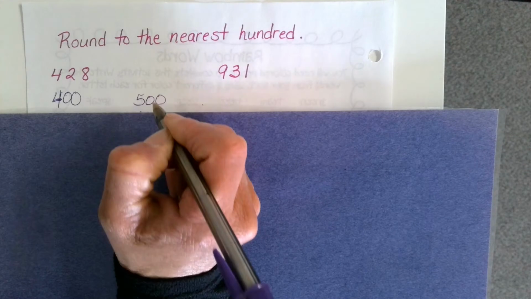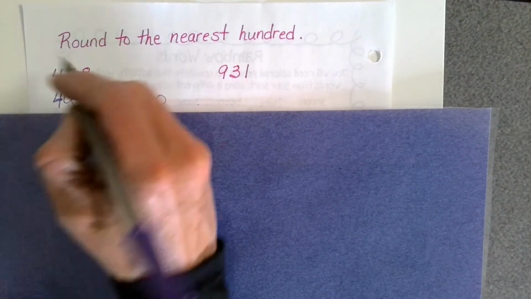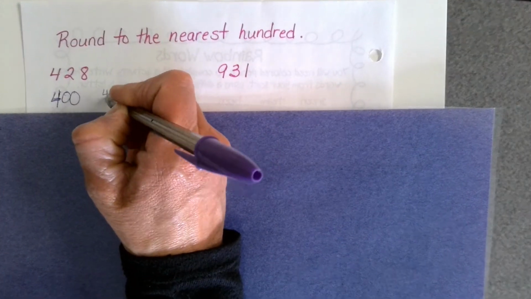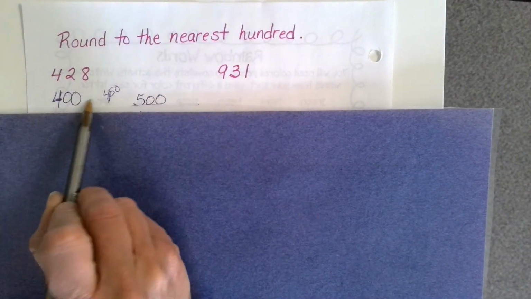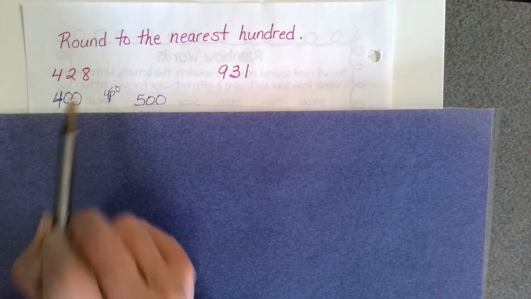So we'd have 500 here. I need to find out what 428 is closer to. I know 450 would be right in the middle. 428 would be closer to 400 when I just look at it visually.